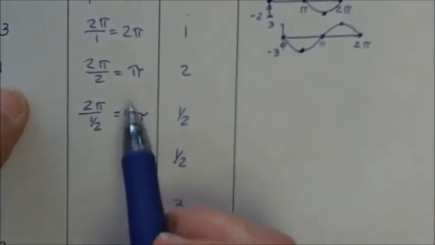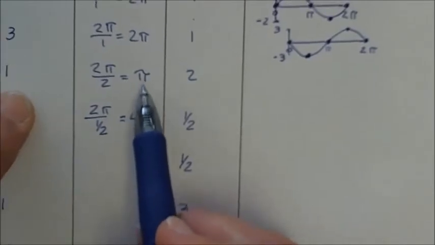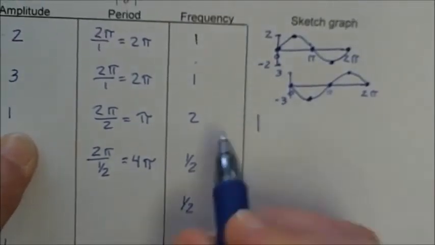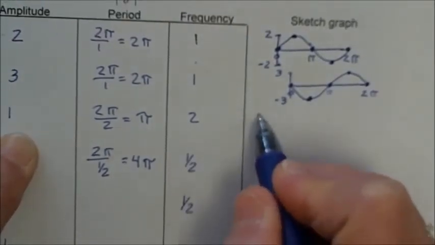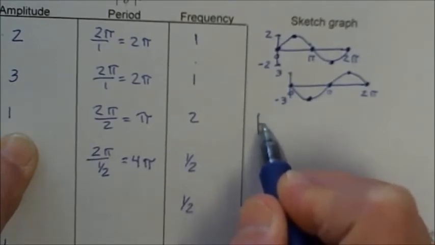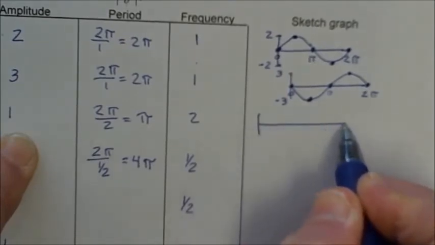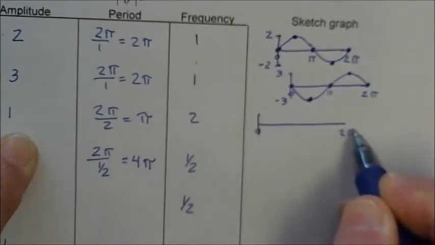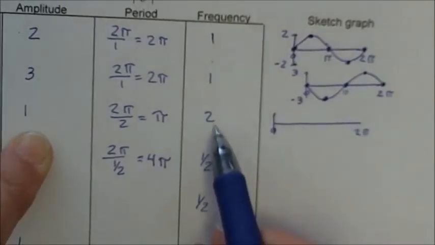Next, we want to graph y equals sine 2x. For one complete cycle, we need a length of pi. I really like the frequency for these because it's telling us that from 0 to 2 pi, I would have two complete sine curves.